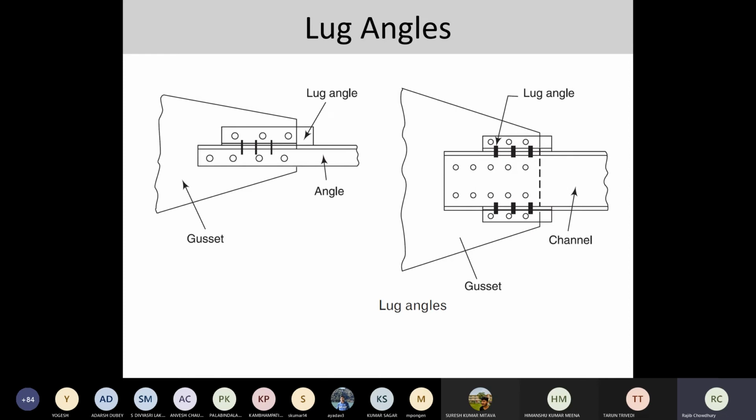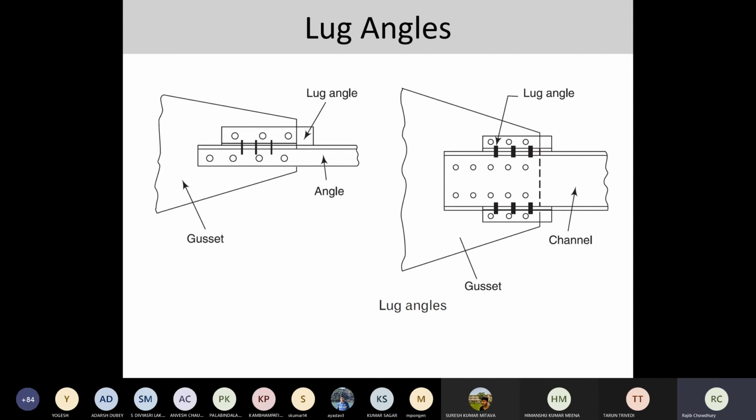Next thing that I want to highlight over here is some terminology called the lag angle. Sometimes you will be hearing about this concept of the lag angle. It is nothing but that when a tension member is subjected to a very heavy load, the number of bolts or the length of the weld required for making this connection with the other member becomes significantly large.